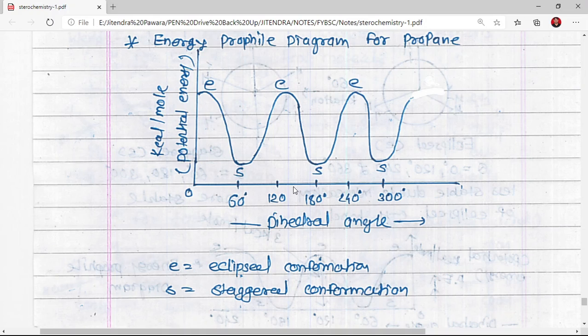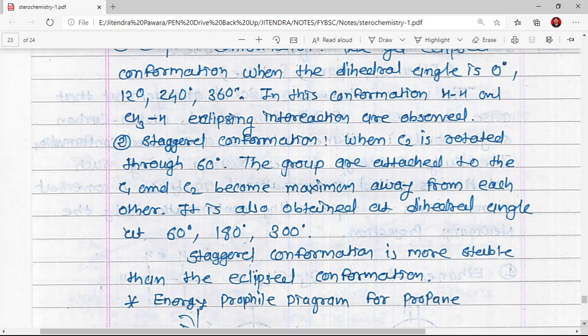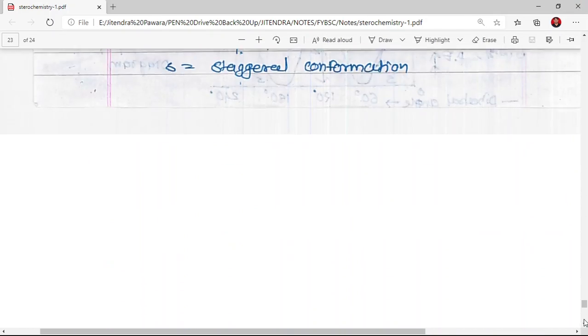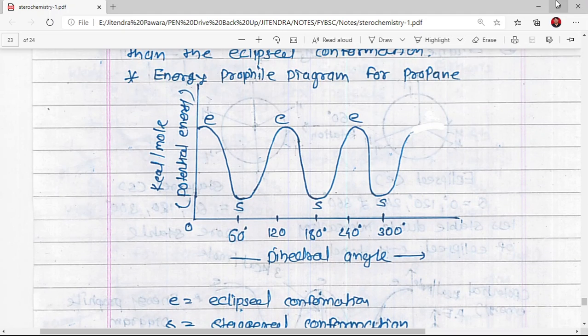You get staggered conformation at 60, 180 and 300. E means eclipse conformation, S means staggered conformation. This is all about the energy profile diagram of propane.